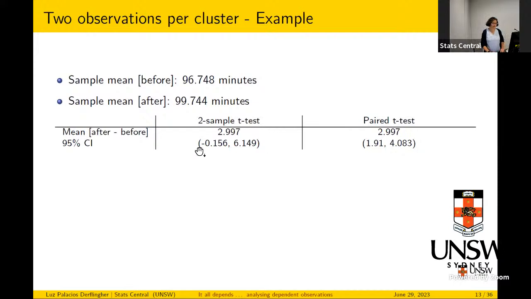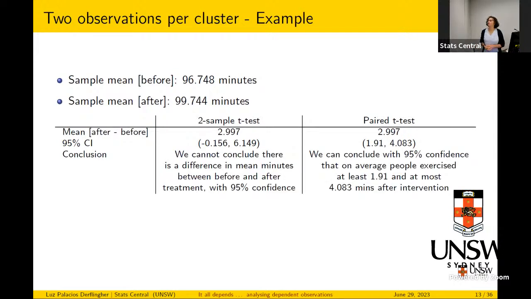In the 2 sample t-test, we have 0 included in the confidence interval, and in the paired t-test, we don't have 0. When we take the difference between 2 means and want to know if there's a difference, whether the difference is 0 or not is the value that we're looking at in a confidence interval.